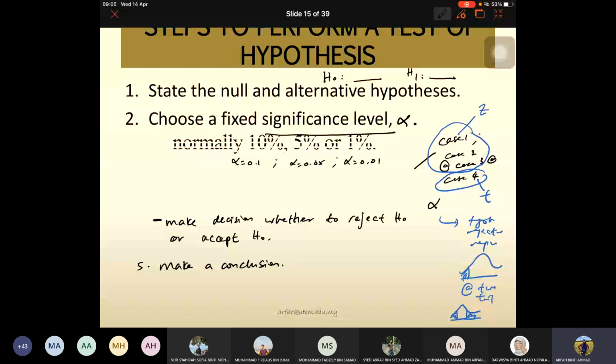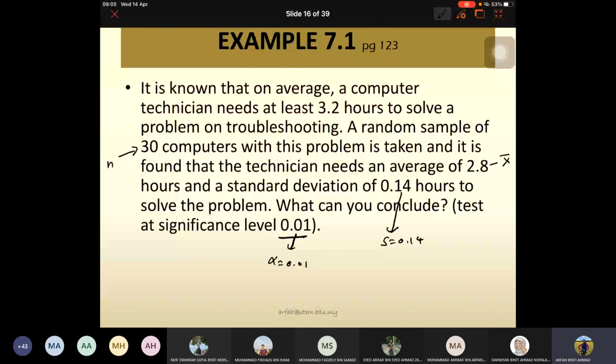So ada lagi satu, a computer technician need at least 3.2 hours. So 3.2 hours refer to what? Mu, betul. So 3.2 hours ini adalah population mean atau mu.